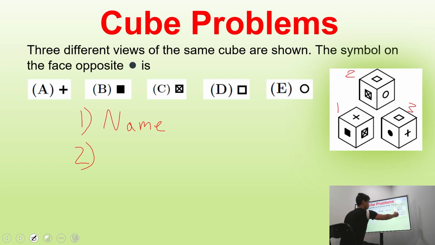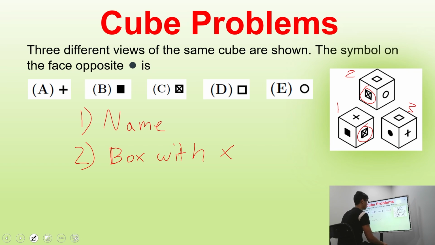If we look at cube number 1, let's take this box with the X in it, because in cubes 1 and 2 we see that they're both shown there, and there are a lot of possible answers for it. We're just going to use the box with the X as our reference point. So for step number 2, we're going to look at the box with X.